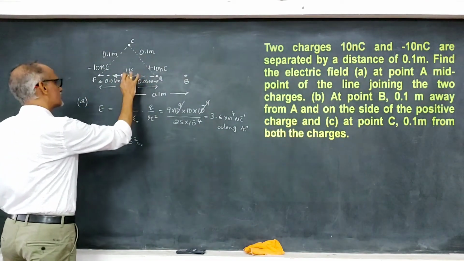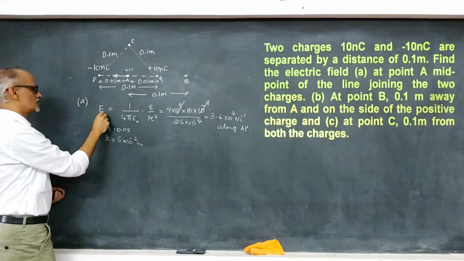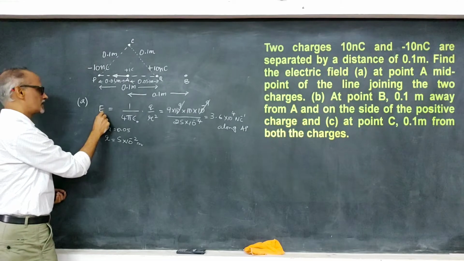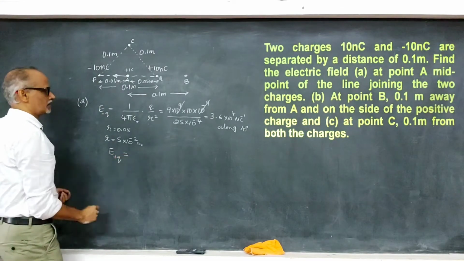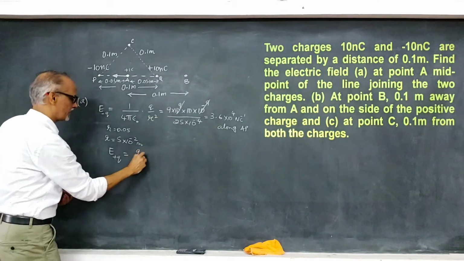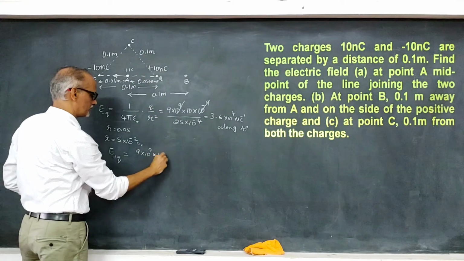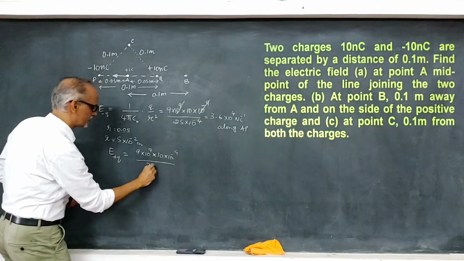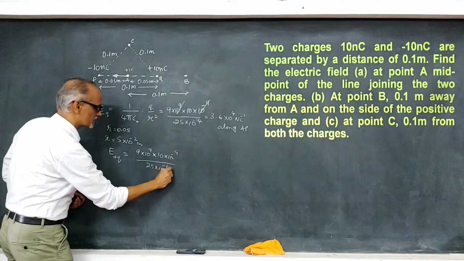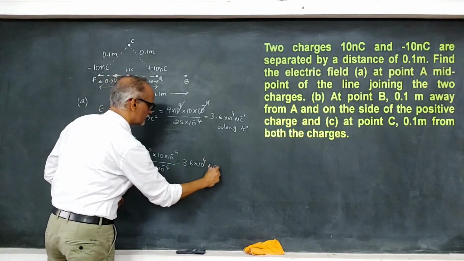Let us find the field at the same point due to the positive charge. So this is E minus Q. And now I can find E plus Q, which is the same thing. 9 into 10 to the power 9, the magnitude of the charge is 10 nanocoulomb, and the distance is still the same, which is 25 into 10 to the power minus 4. So our answer remains the same, 3.6 into 10 to the power 4 Newton per coulomb.